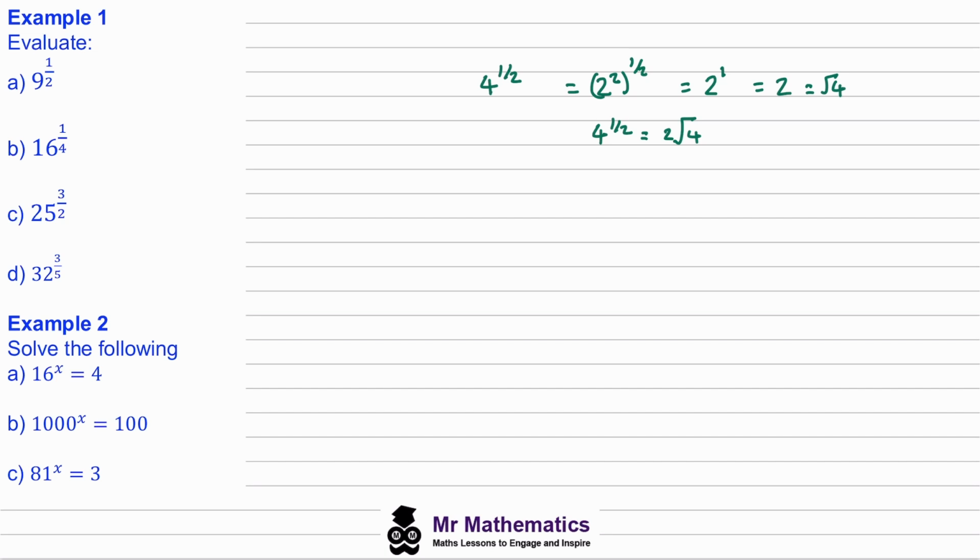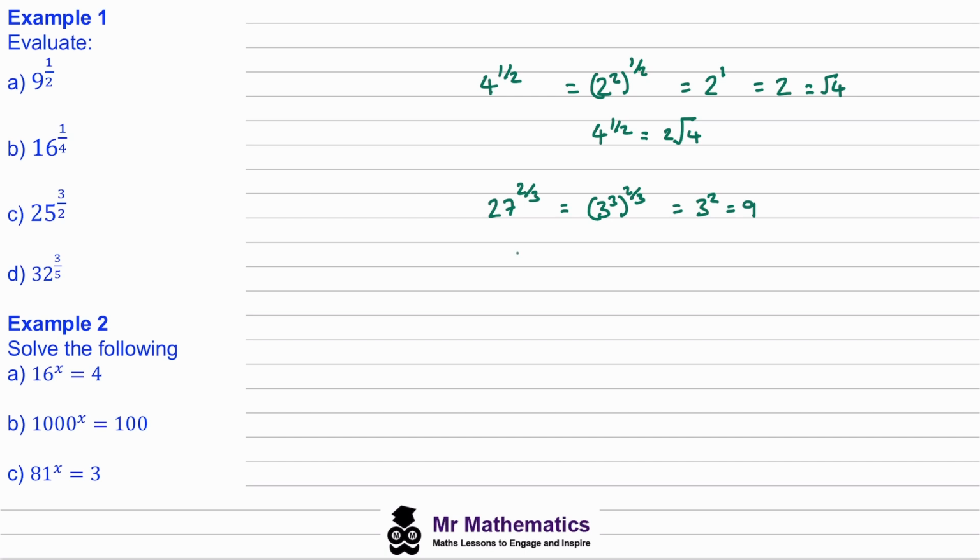And if we look at another example, 27 to the power of 2/3, well, this would be the same as the 27 is 3 cubed to the power of 2/3. We can multiply these two together using the power rule, and this will give us 3 squared, which we know is 9.